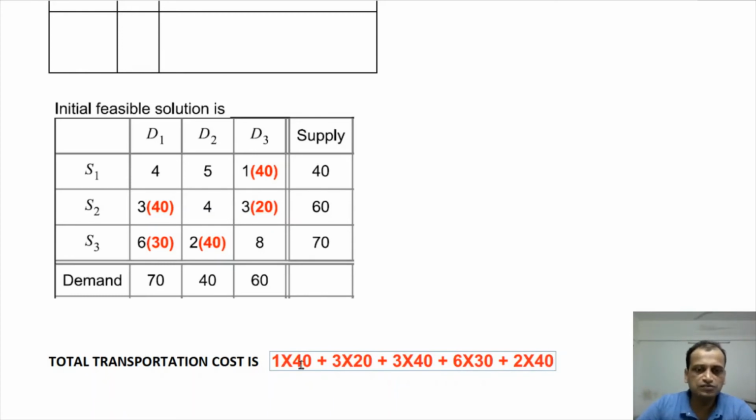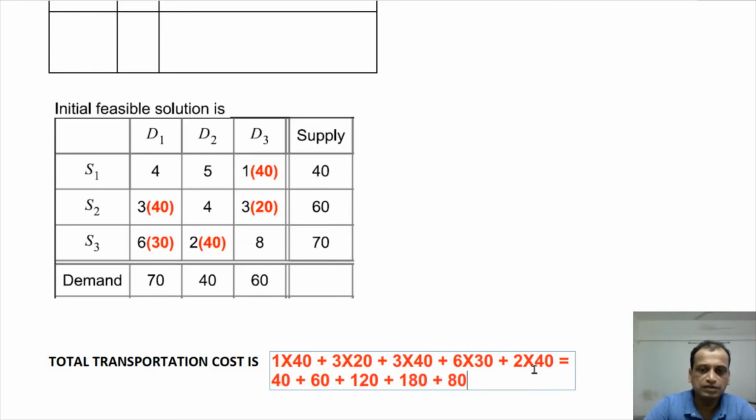So how many allocations? 1, 2, 3, 4 and 5. Clear? So what is the answer here? 40 plus 60 plus 120 plus 180 plus 80. So let's try to add all of them.